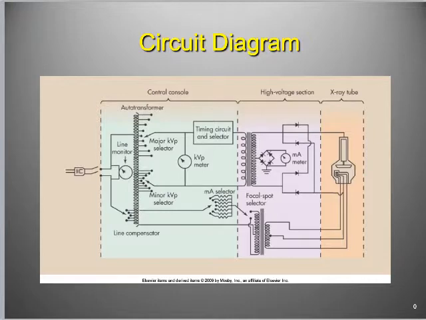So I'm going to follow out the KVP track first, and then I'll come back and follow out the MA track, because they're kind of two separate tracks running in parallel. Okay? The next thing that we're going to see on the KVP side, and this is still in the operator console, is going to be the KVP meter. This means that the KVP meter is a pre-reading meter.